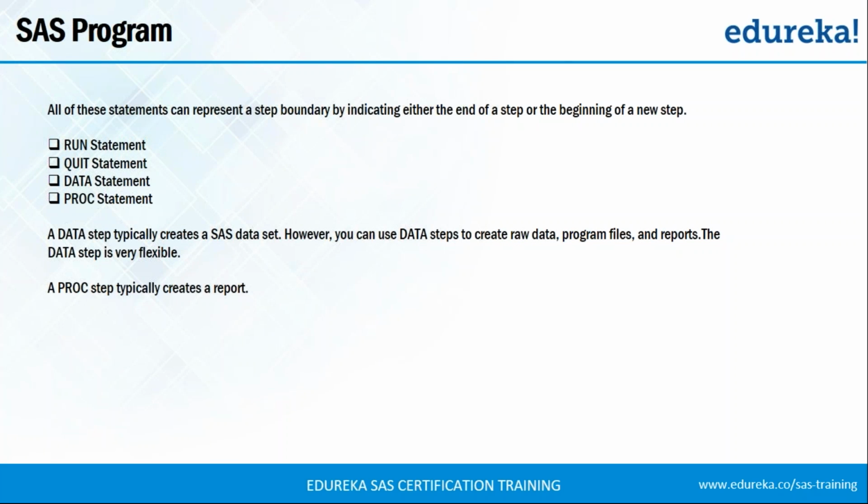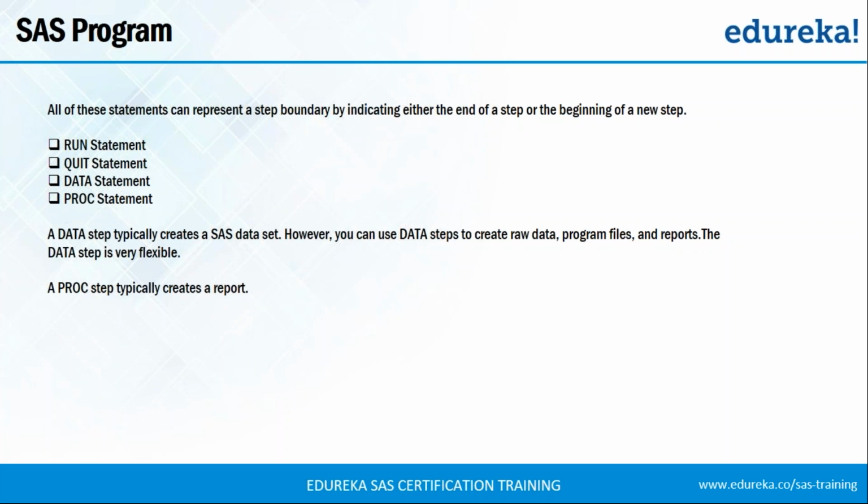Coding in SAS just has two steps: a proc step and a data step. That's about it. SAS is pretty simple that way. A proc statement starts with proc, and then you have proc contents, proc print, proc means, and it ends with a run. A data step also starts with a data statement and ends with a run.